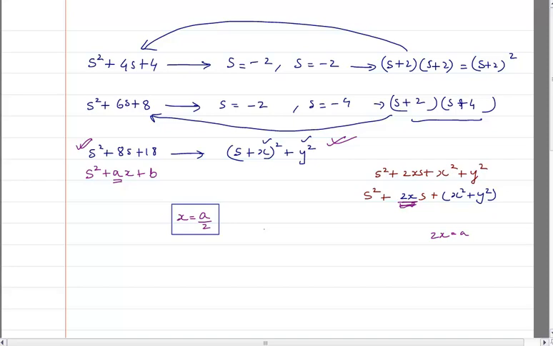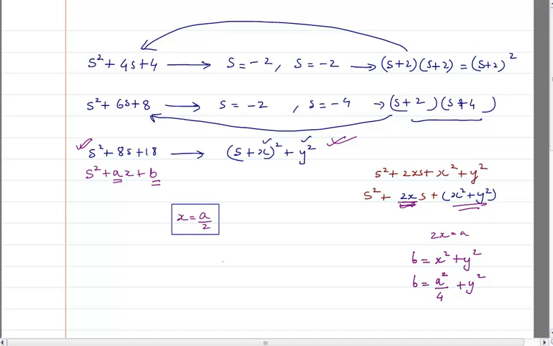So I have found out how to find x. Now, if I have found the value of x, what remains is b and x square plus y square. So I will say that b is equal to x square plus y square, where I have already found x, which is a by 2 the whole square, which gives me a square by 4 plus y square.